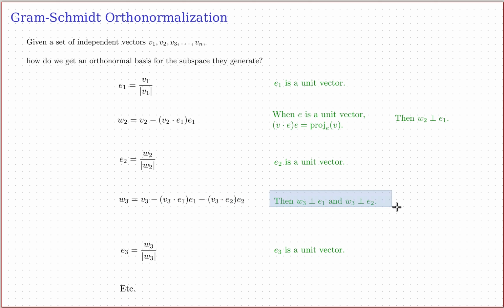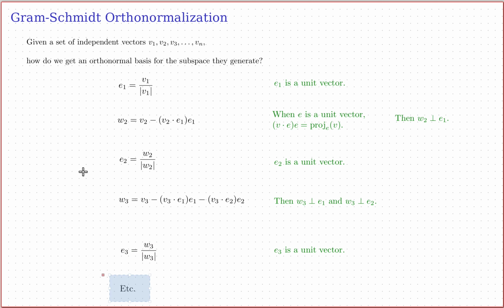In this way, we obtain this vector w3, which is guaranteed to be orthogonal to both e1 and e2. And then all we have to do is normalize w3 so it's a unit vector: we take w3, divide out its magnitude, and we get our third basis vector e3 of the new orthonormal basis. So we keep going like this. This is the procedure.